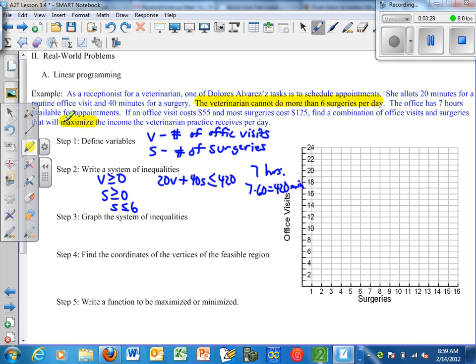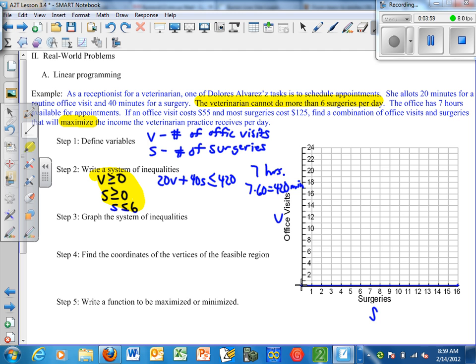Now, if you think about these three that we wrote, those are horizontal and vertical lines. Notice S is on the horizontal axis, V is on this axis. So basically, V is greater than or equal to 0. That's a vertical line. I'm sorry, that's a horizontal line right here at 0.